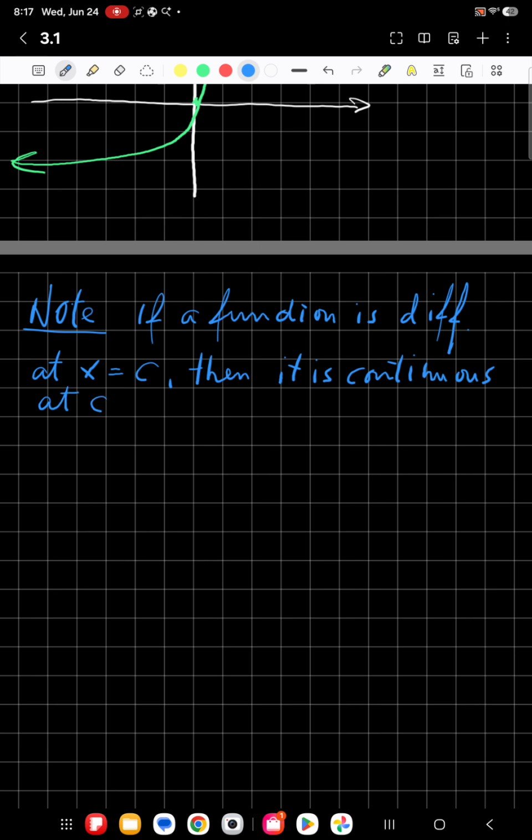At c, or at x equals c. So yeah, unfortunately the converse doesn't work. So what is a converse? The converse doesn't work.